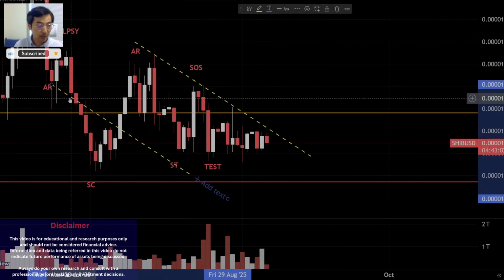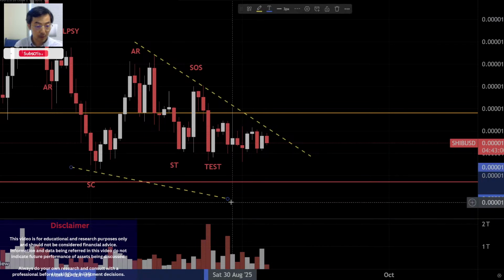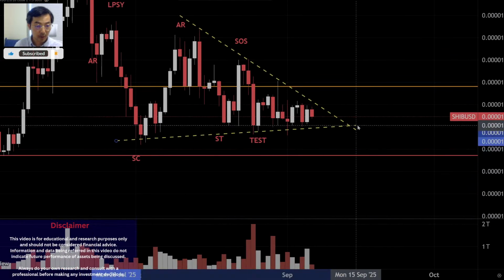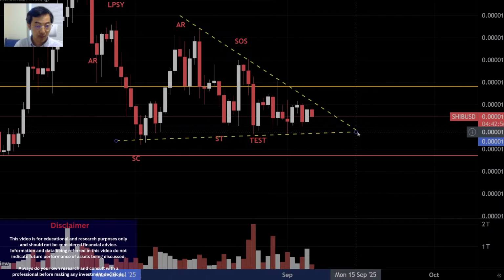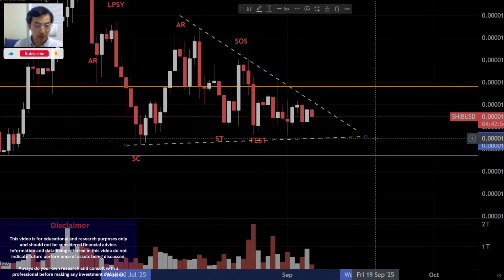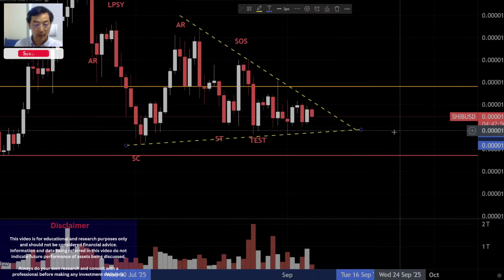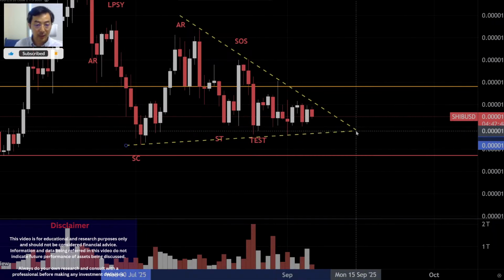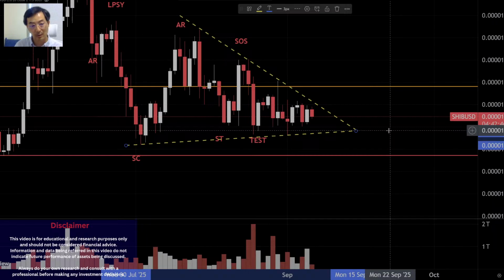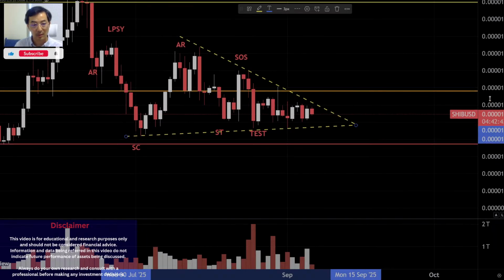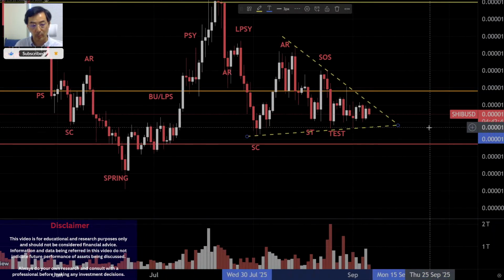So let's drag it over, just adjust it, and bring it to this point. So you see where they are touching, right? Basically, it's the tips of these wicks. Now we have kind of a descending wedge. Yeah, you see it's pointing down, right?